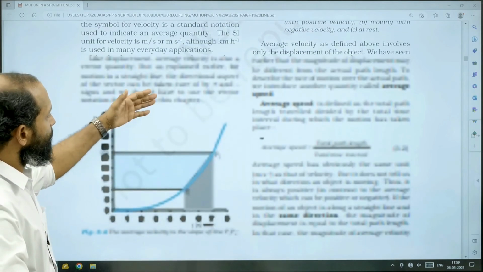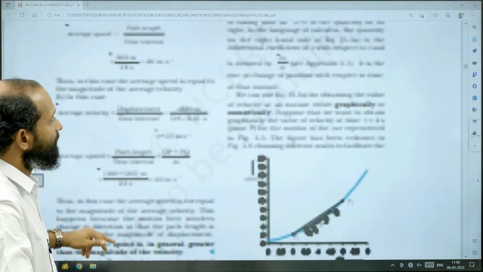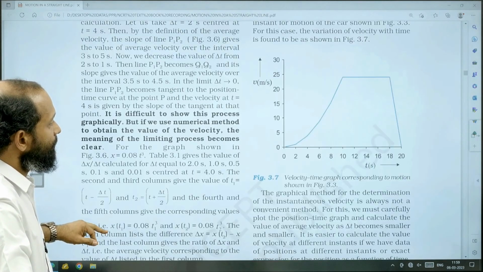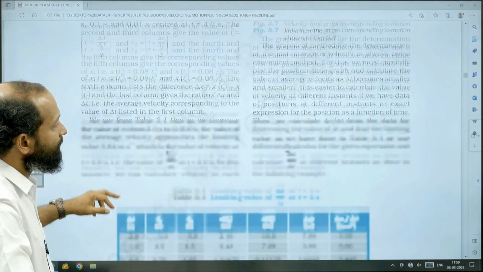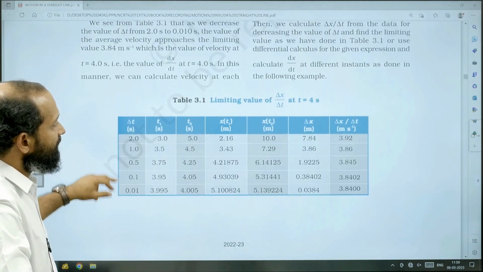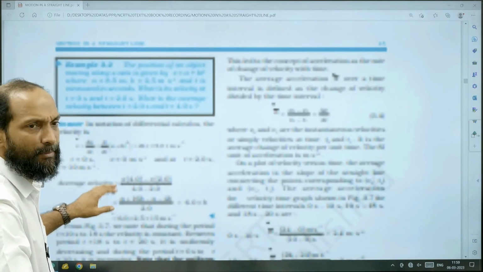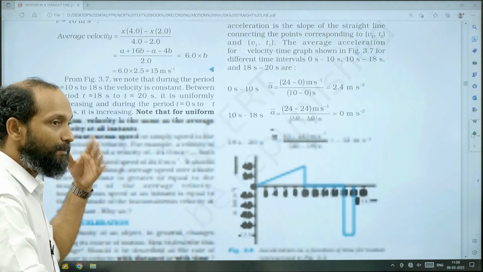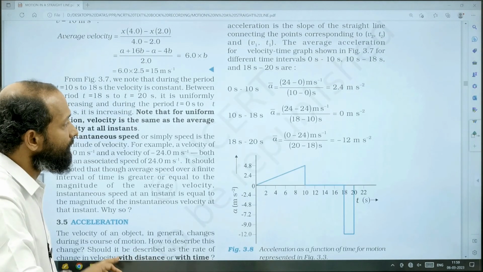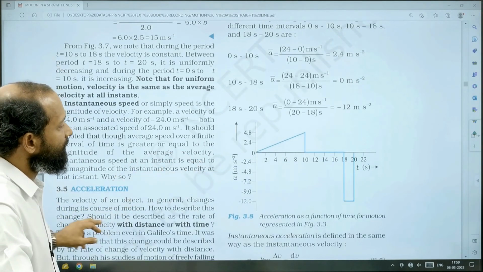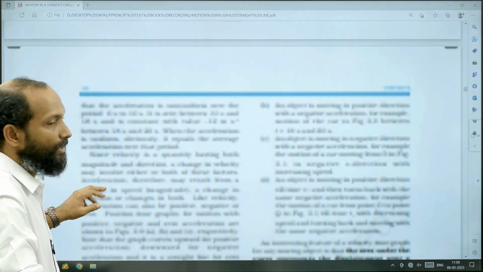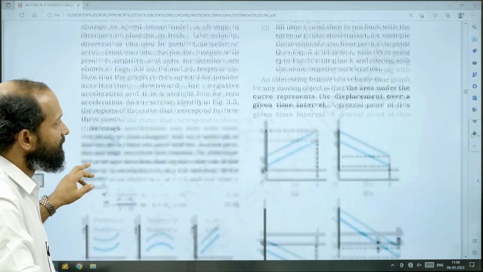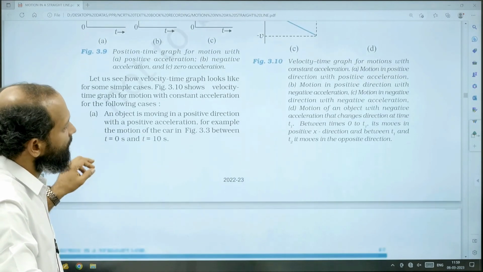Then we have discussed the graphs and all important kinematic equations. Don't forget to go through this chapter, read this chapter once again. Here tables are not so relevant, but graphs are relevant. But in the previous chapter, tables also were relevant. Here this type of graphs are very important. Freely falling is a very important exercise that we have to do a number of times.